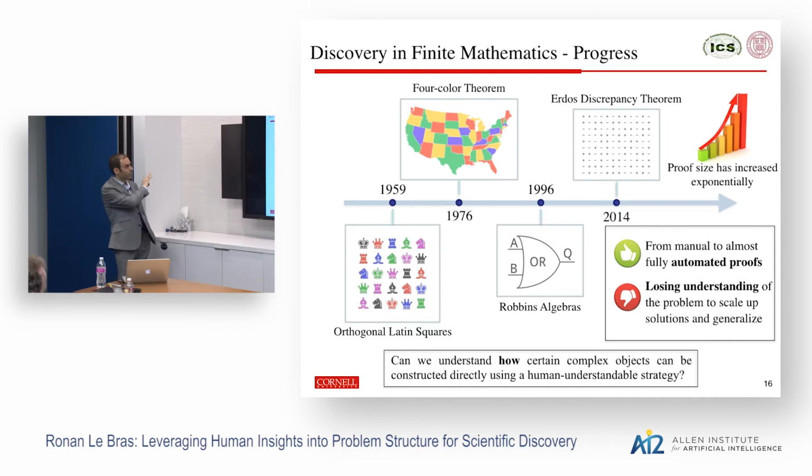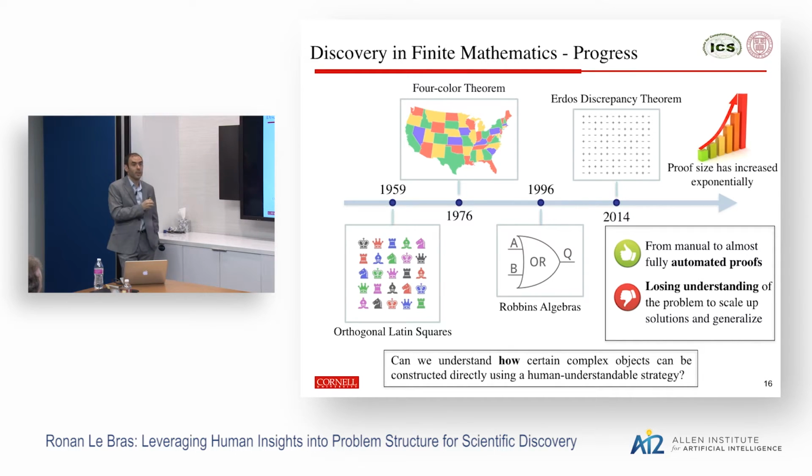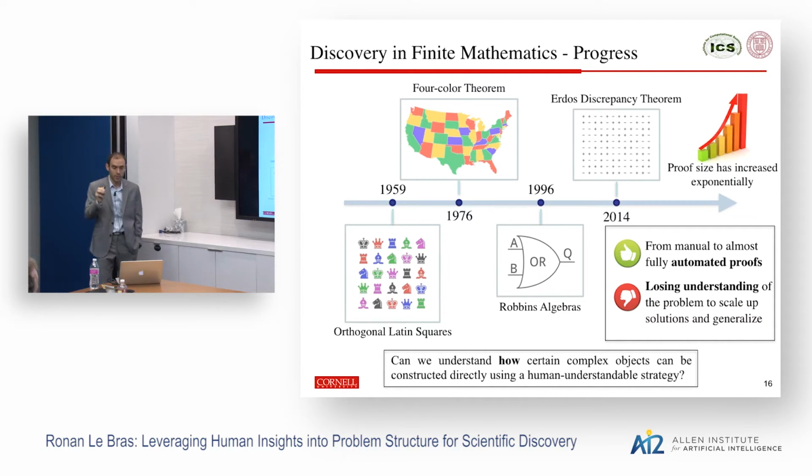And as you go from almost fully manual proofs to fully automated proofs, the size of the proof itself has increased exponentially. We've reached proof sizes now that are longer than the entire Wikipedia put together. Not only can we no longer read the proof and barely validate it, we have now lost any understanding of why the theorem is actually true.